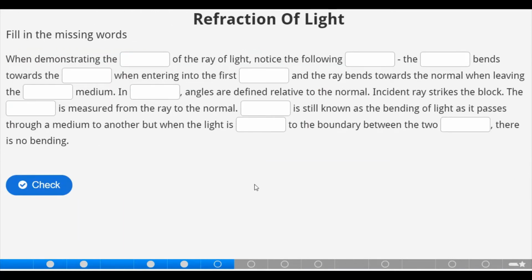Now, we are to fill in the missing words. Let's start. When demonstrating the refraction of the ray of light, notice the following conditions.